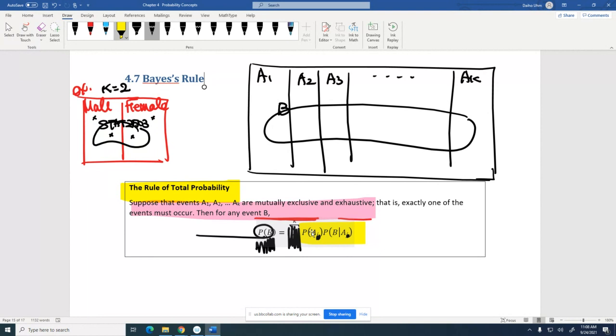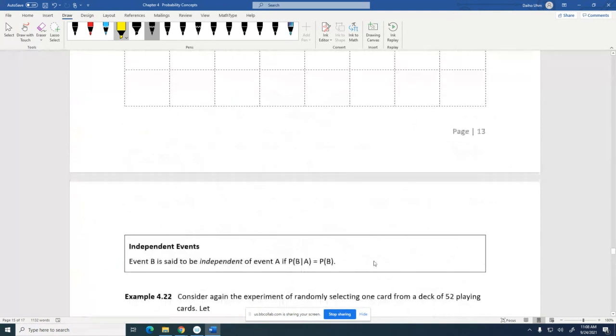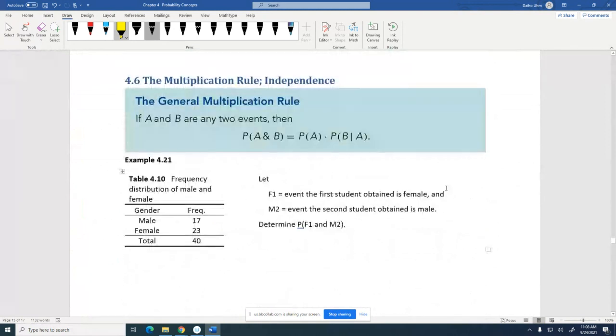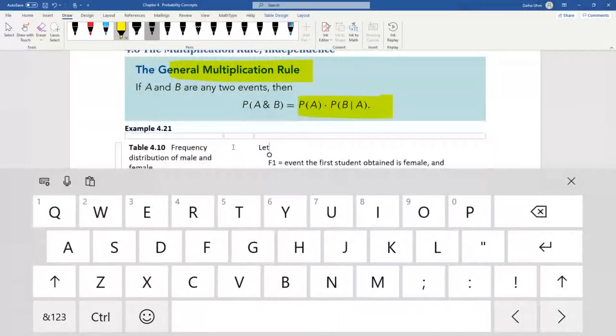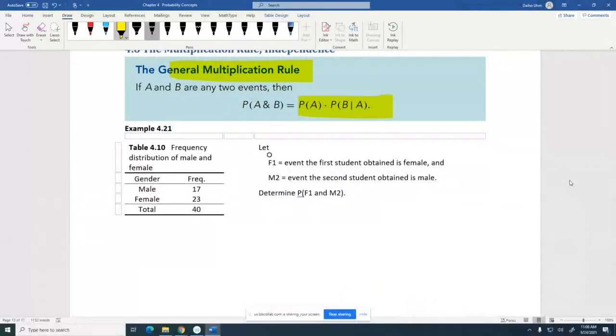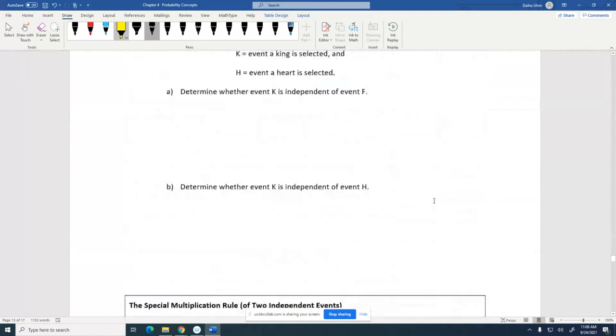Let me go up to, yes, here. The general multiplication rule. In the right-hand side, there is the multiplication. What is this? The joint probability of A and B. So let me go back to the rule of the total probability again.